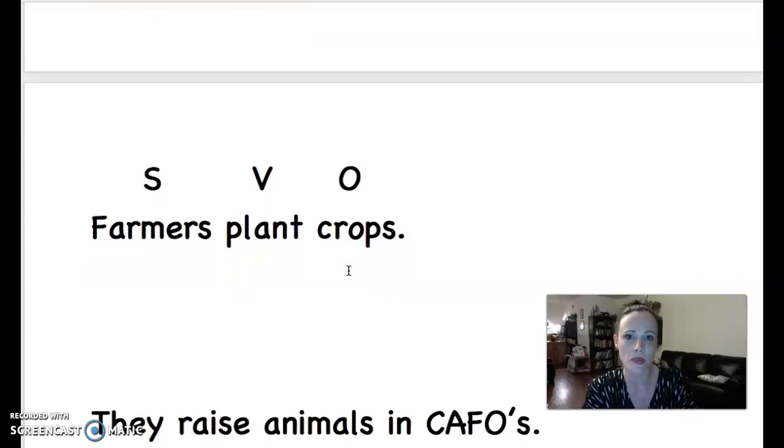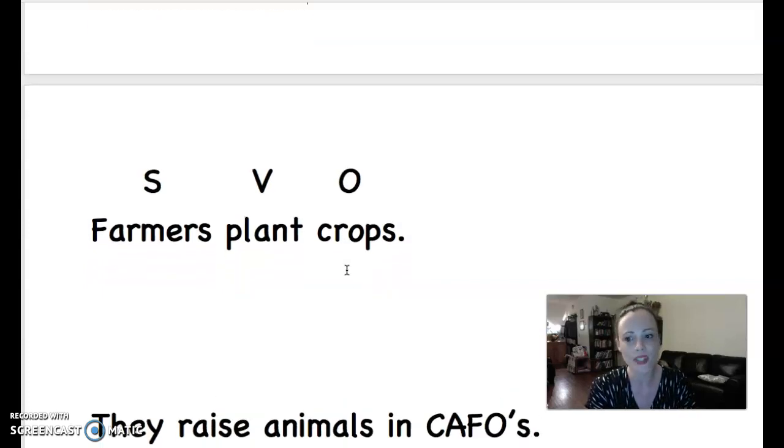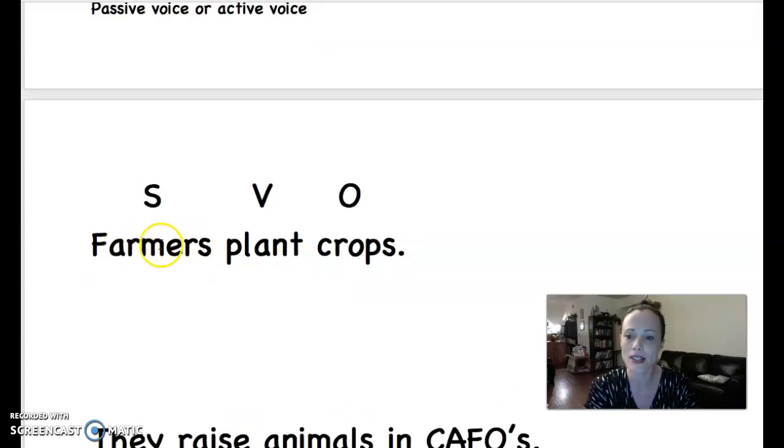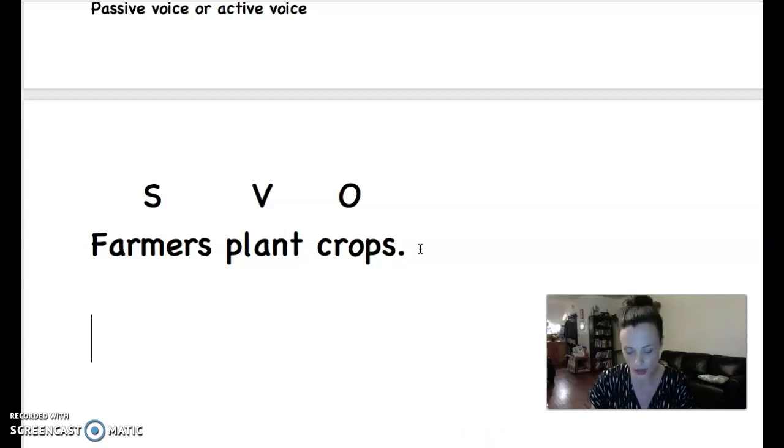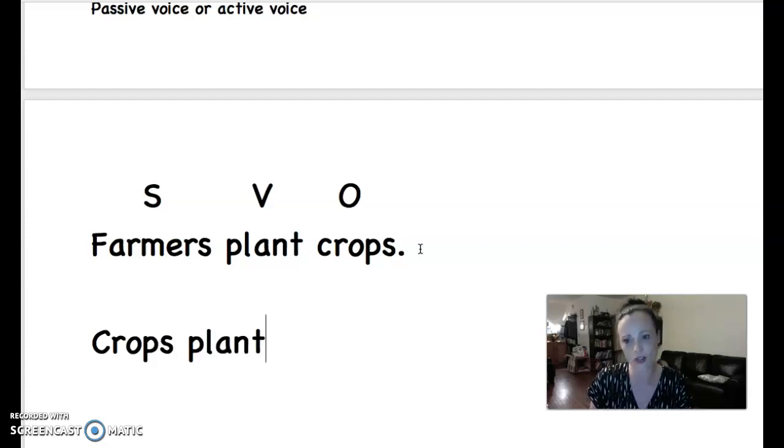But oftentimes when you're writing, you don't care about the farmers, you care about the crops. So sometimes the object is the focal point, the more important part of your sentence. So if you start with crops, you can't say crops plant because crops don't plant, farmers plant.